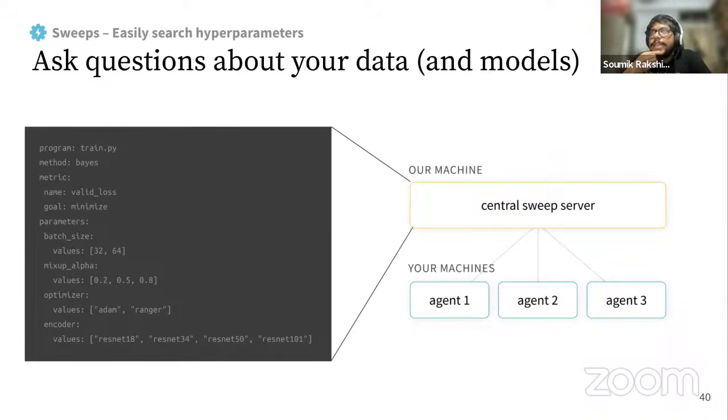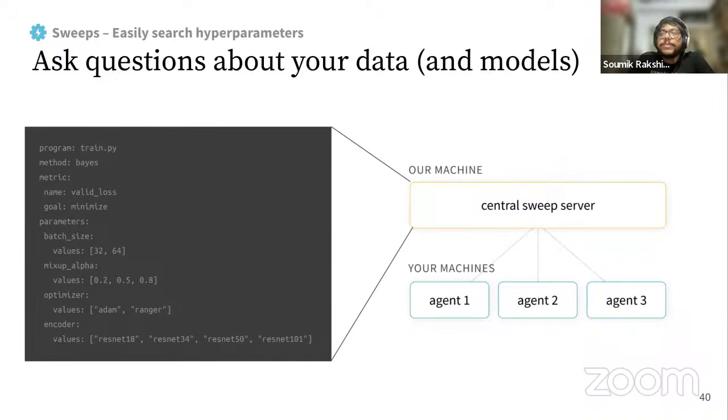Let's say you are sweeping over a very large deep learning model and you want to run hundreds of iterations of sweeps. You can run 3 or 4 different agents over 3 or 4 different GPUs, or over 3 or 4 different computers. Basically, agents help us to parallelize our sweep.